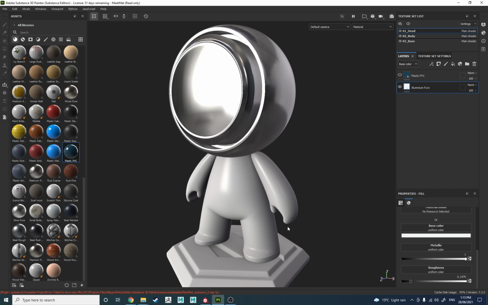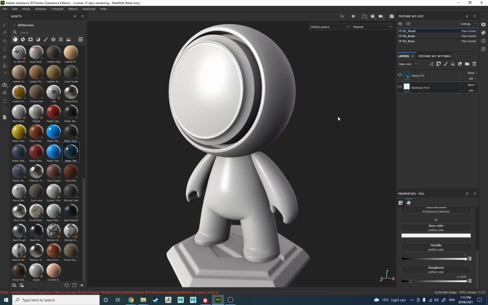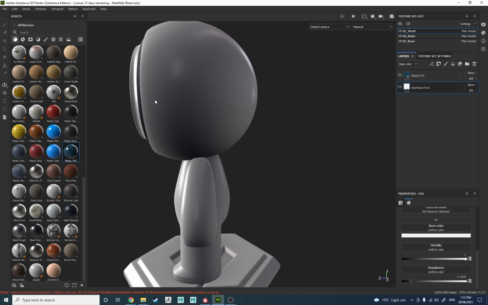So, general ideas behind PBR. I'm just going to go through some points to keep in mind whilst you are painting for PBR. First one is that light travels. It is a wave.